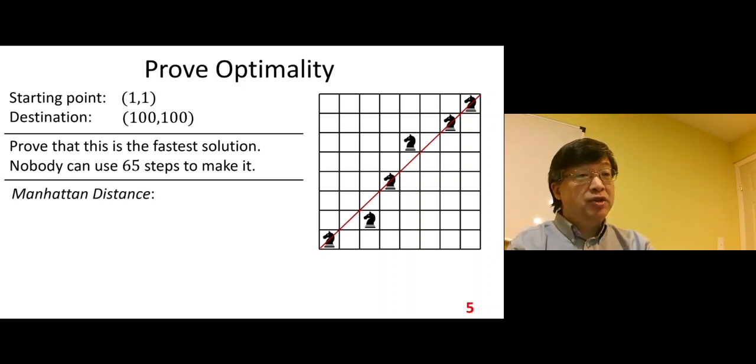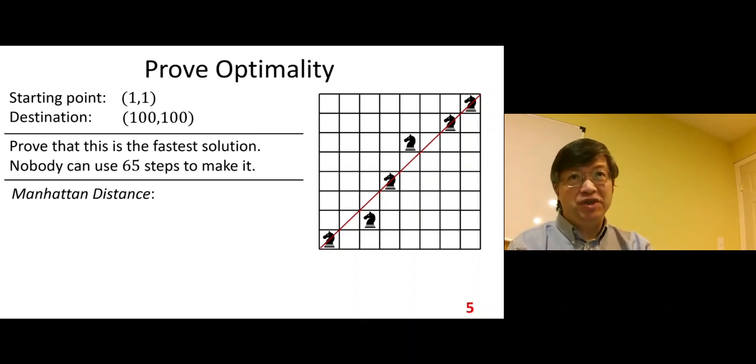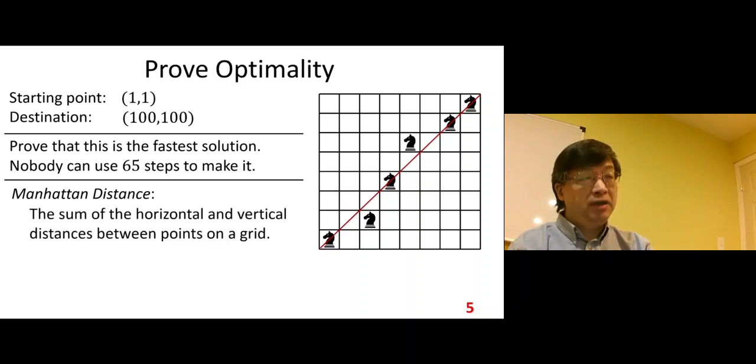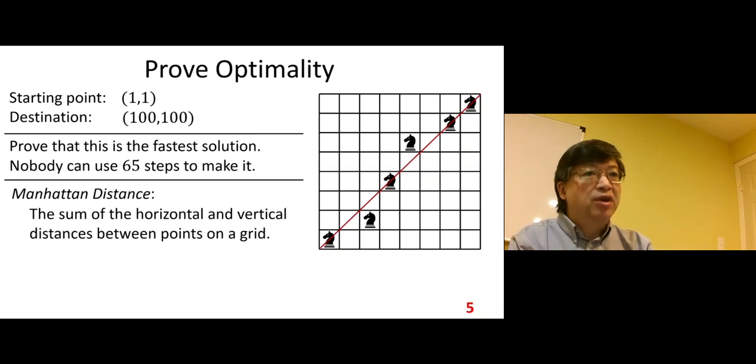Here we use a special tool. That tool is called the Manhattan distance. That is a special tool we need for this example. Very effective. What's the meaning of Manhattan distance? The sum of the horizontal and the vertical distance between 2 points on the grid.